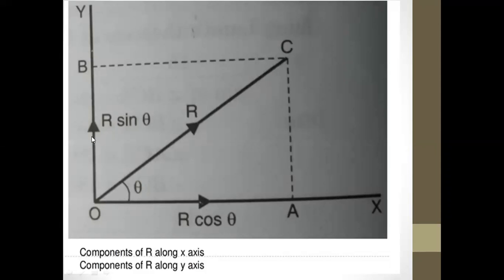The two components are along the x-axis and y-axis.